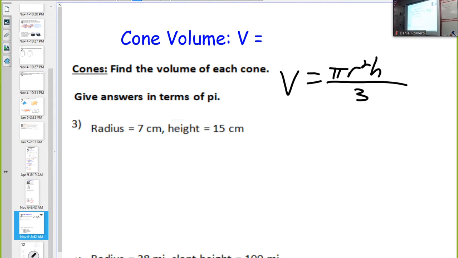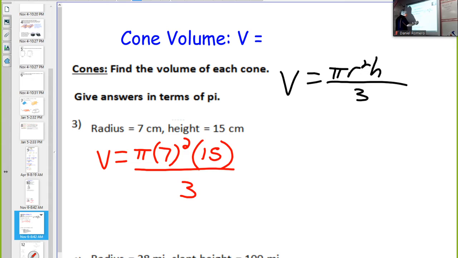For number 3 here, do we have all the information we need? Yes, so let's substitute. So then 5 times 7 squared times 15 over 3.